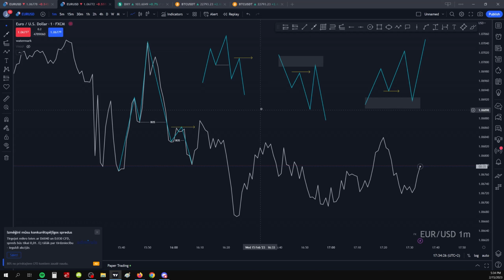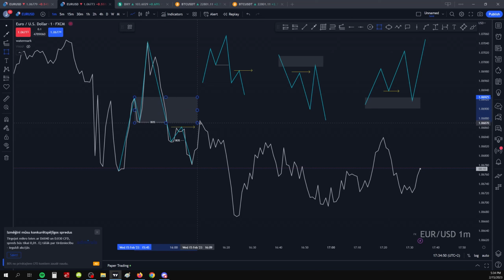So what you can do in this case, let's create it like this, like we have it on the real chart. So now, what is the closest order block to the inducement?